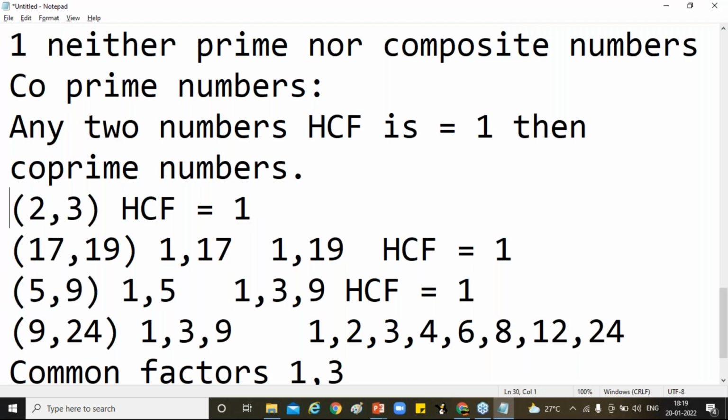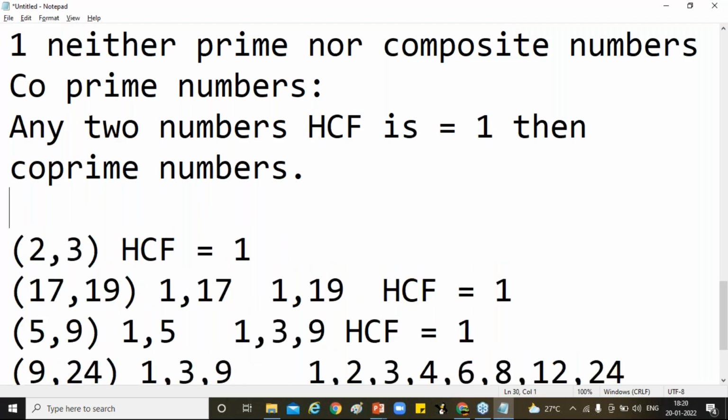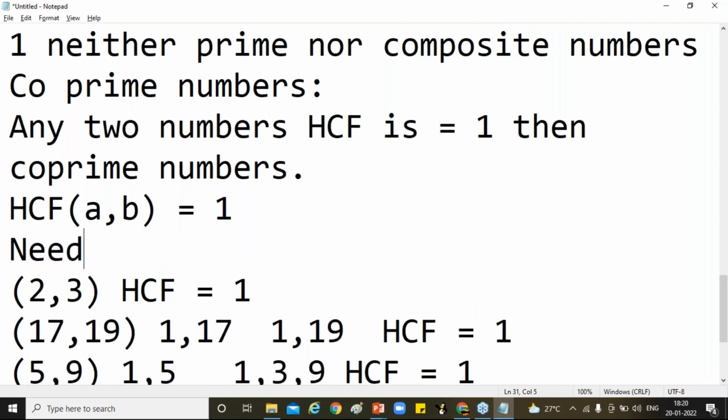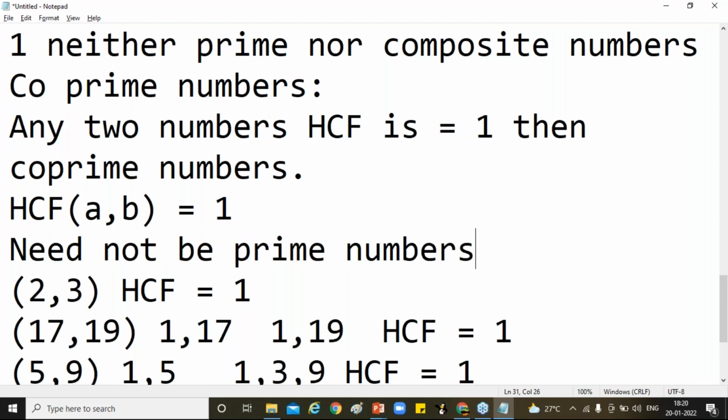Yes, 5, 9 is a co-prime pair. Don't think, sir, 9 is not a prime number. Remember, our concept is co-prime. Those numbers need not be prime numbers. Clear? So these are the types of numbers.